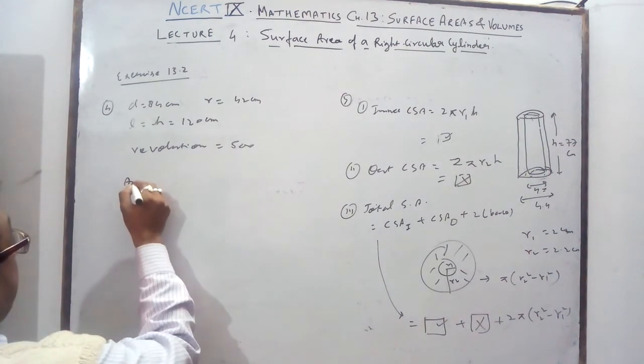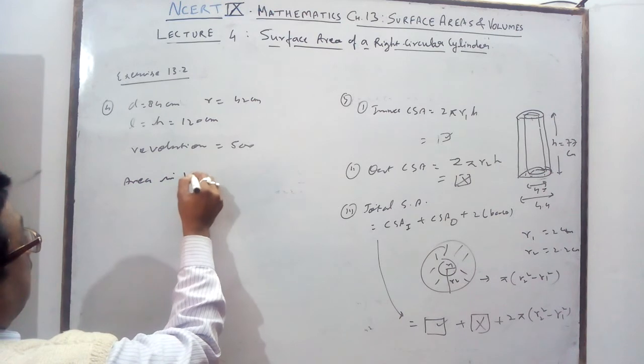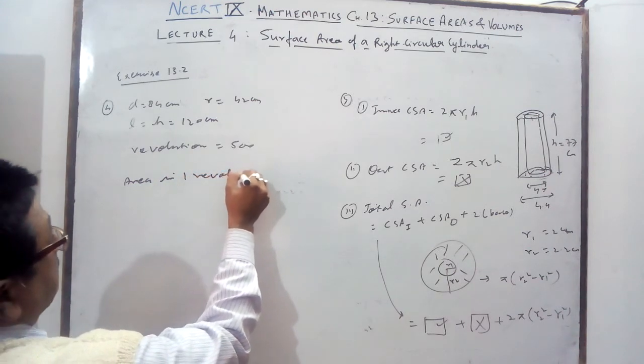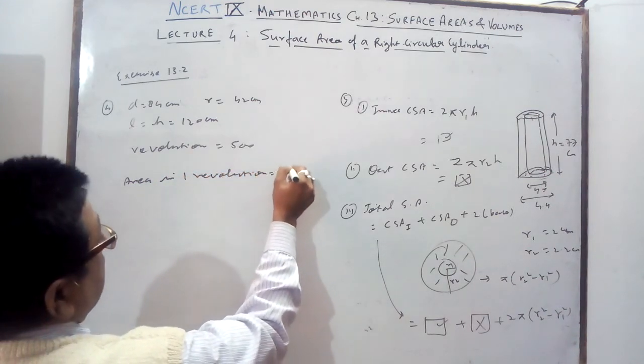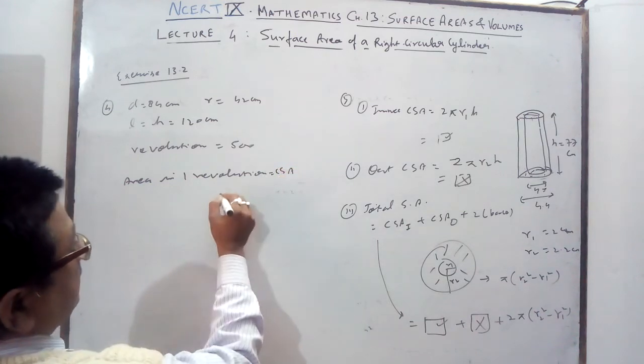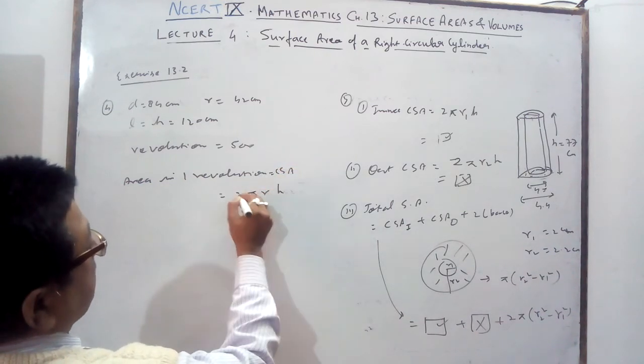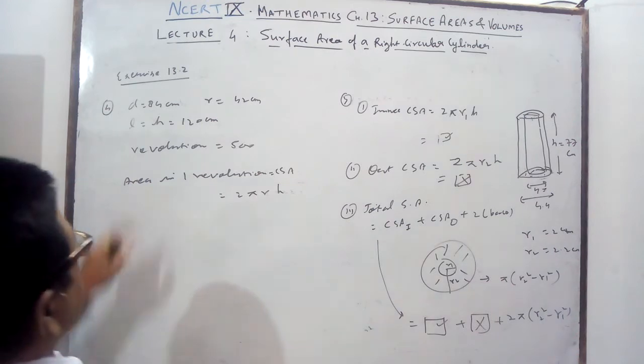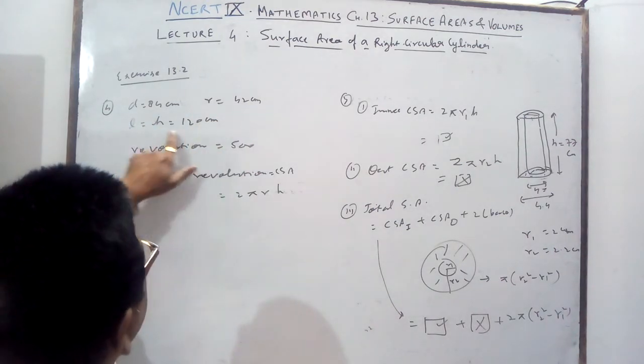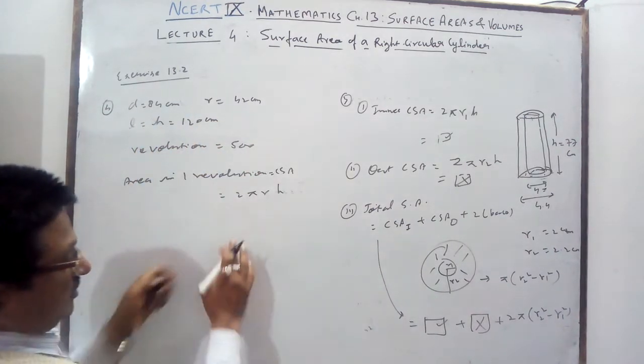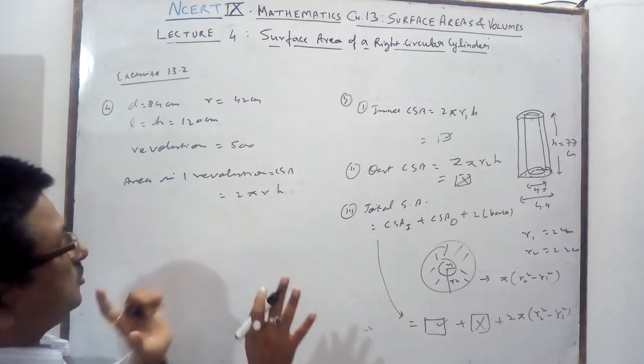So area in one revolution is equal to CSA of the roller, that is 2 pi r h. R is 42 and h means 120 centimeter. Bases, no use of base.